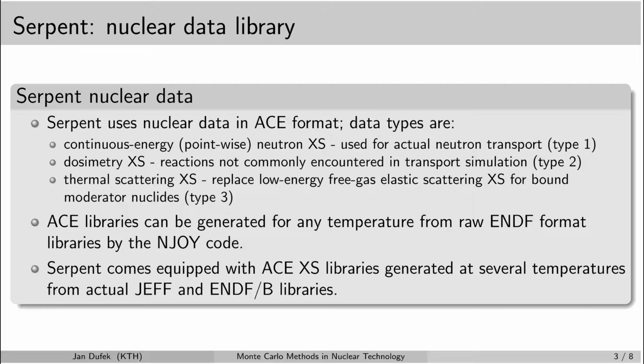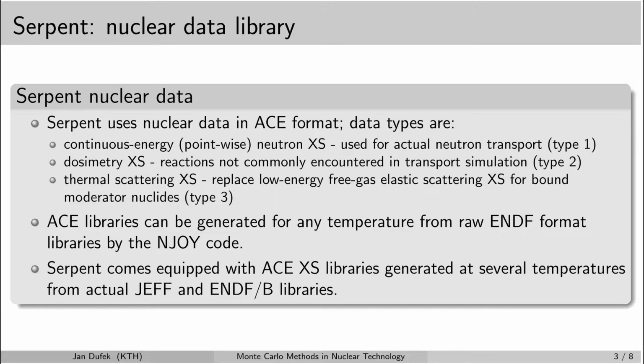So the chemical bond within the molecules is changing the relative speed between the nucleus and the neutron. So these thermal scattering cross-sections, they are kind of corrections to the type 1 data in the library.